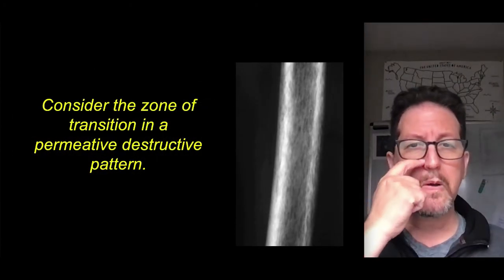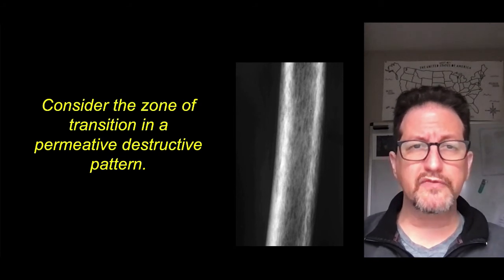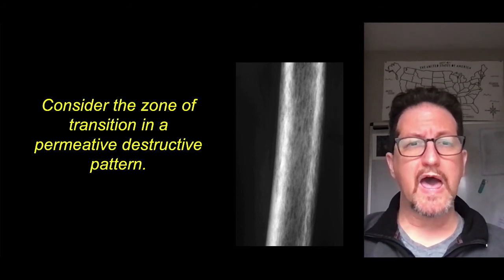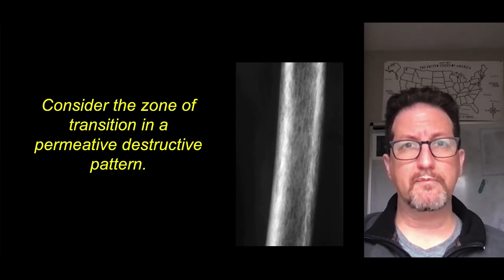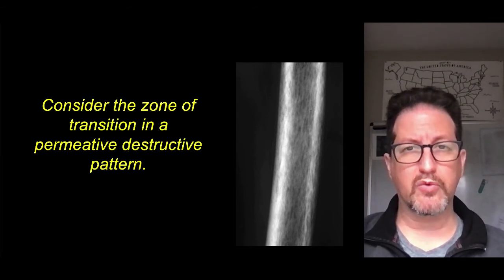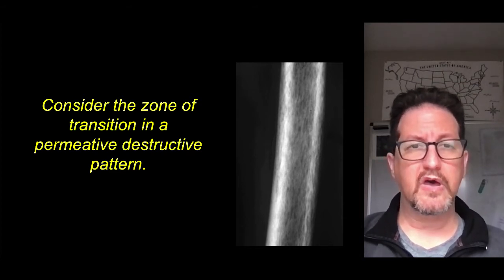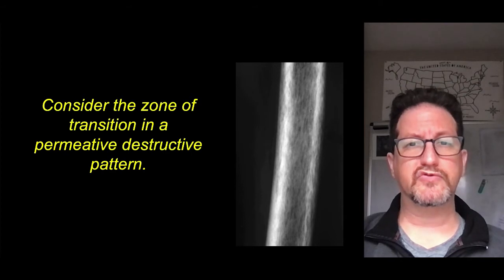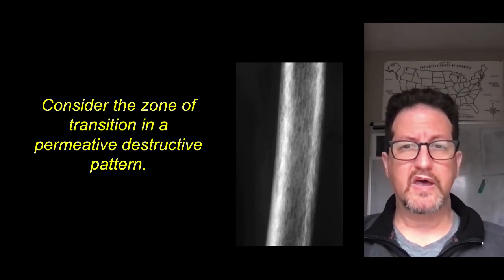Okay, so the other thing I want you to think about is, all of these bone tumors and tumor-like lesions have a zone of transition, including your more likely cancerous ones. So this permeative destruction that you can see here, where is that zone of transition? Can you even tell? Well, no, you really can't. It's so blended out.